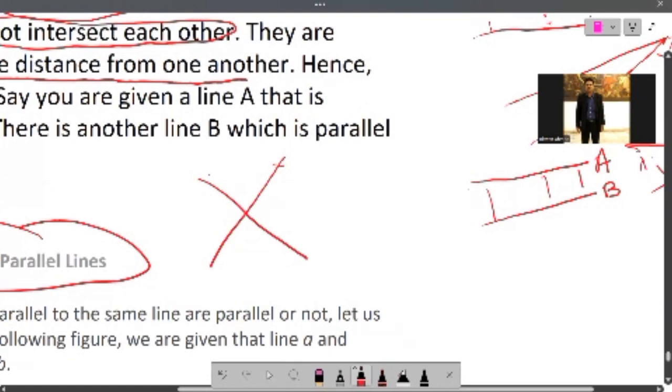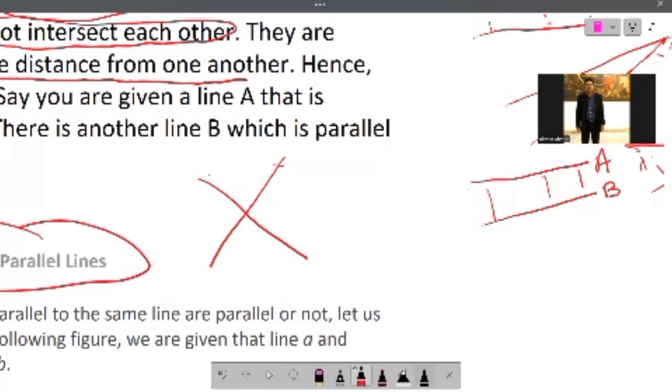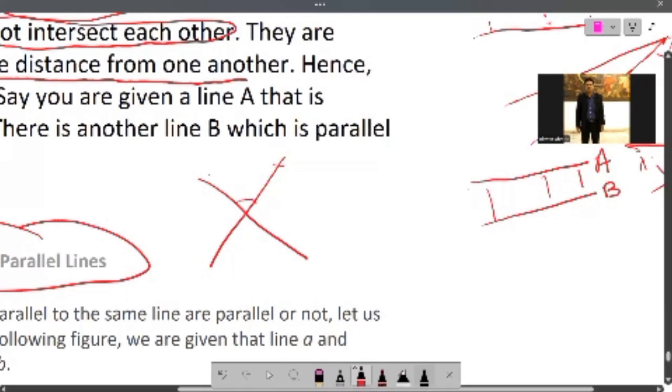If we label them, this one is angle 1, this one is angle 2, this one is angle 3, and this one is angle 4. So you can call it the corresponding angle.